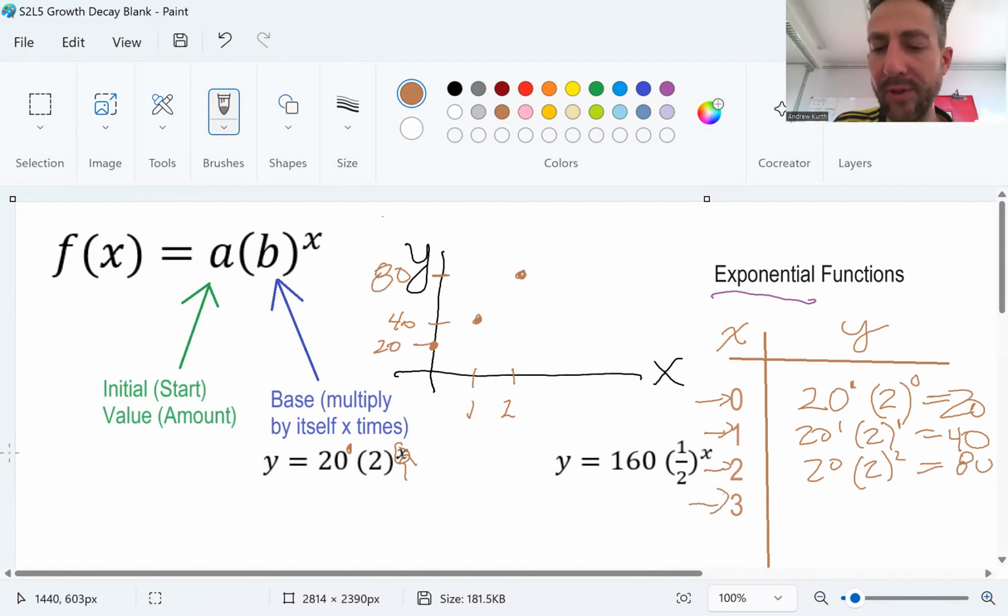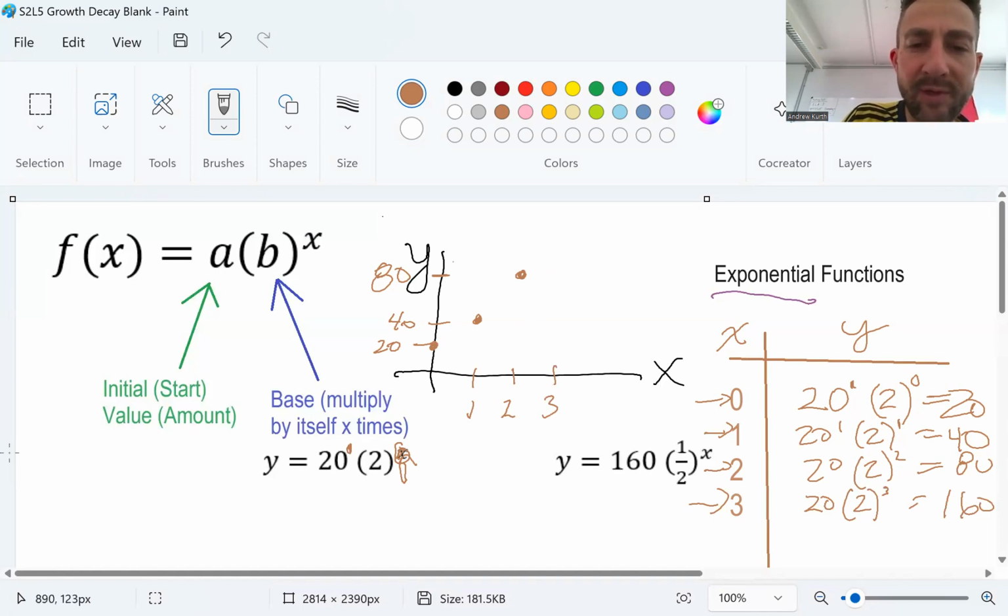Finally, x equal 3. 3 as the exponent. So we have 20 multiplied by 2 to the third power. 2 to the third power is 8. 8 times 20 is 160. So now x equal 3, and y equal 160 is really pretty much off the page based on the way I drew this.